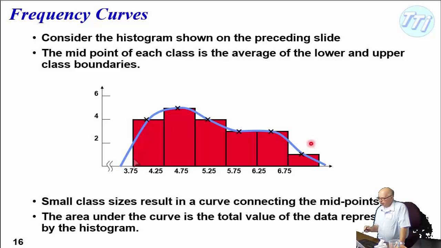Imagine that I had presented you just the blue line, maybe with the black X's, maybe not, and I hadn't given you any of the red bars. I'm presenting you wrong information now. What I'm showing you is that this curve is smooth.